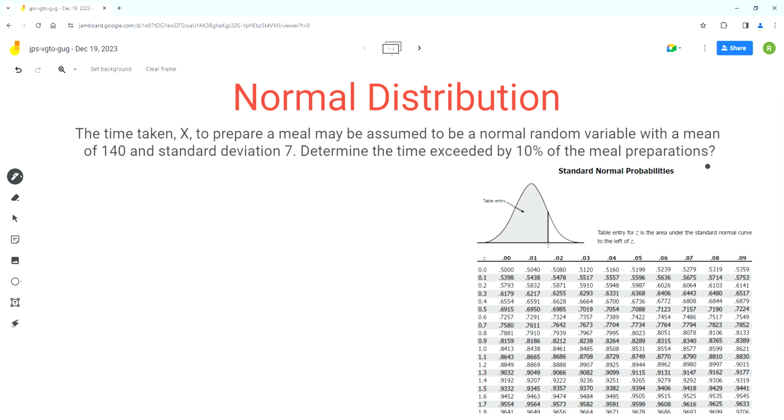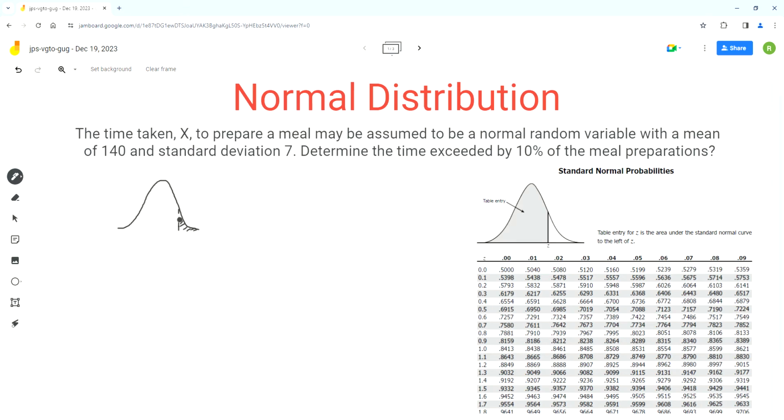The first thing is to understand what this 10% means. If I draw this distribution in the form of a bell curve or a normal distribution curve, 10% of these meal preparations will be shown by this small part of the curve.